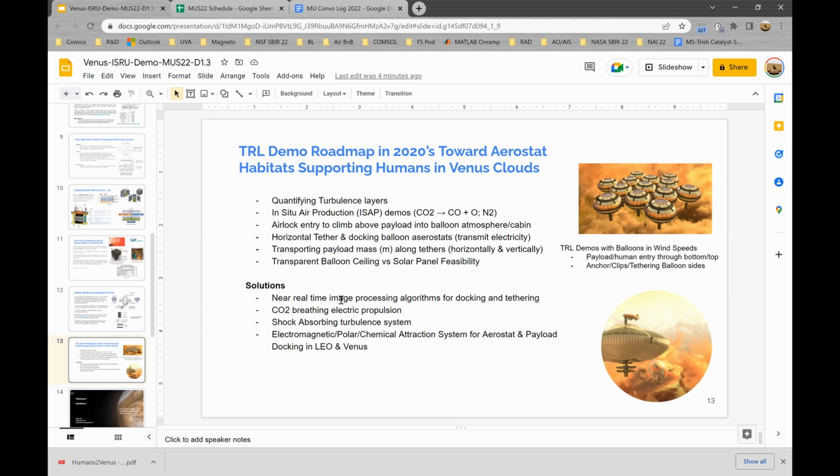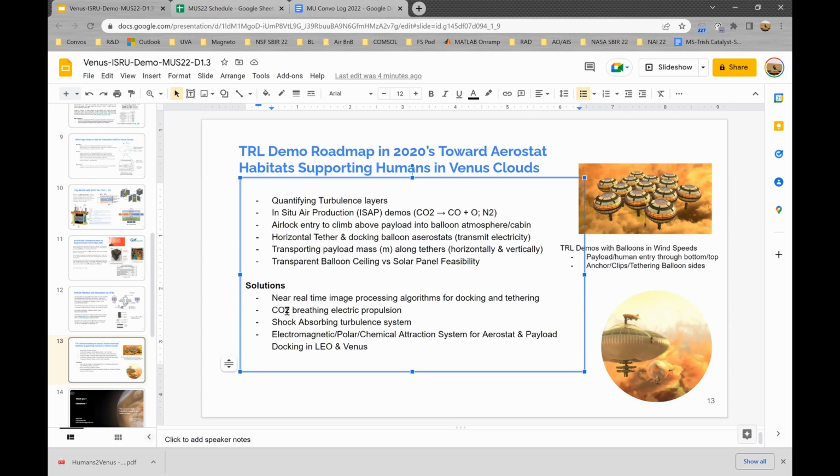some solutions are near real-time imaging processing and algorithms for the docking and tethering, and we think that a lot of the ISRU systems on Mars might also be relevant and applied, such as the CO2 breathing electric propulsion systems, and some other designs.